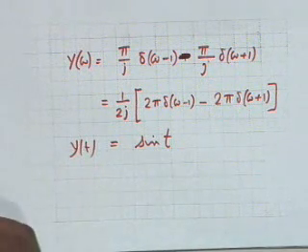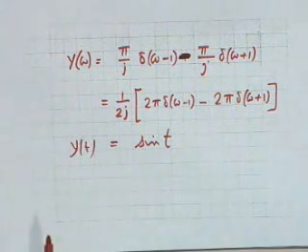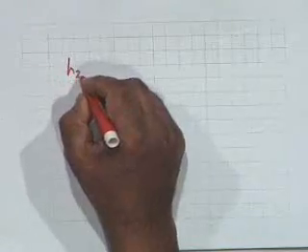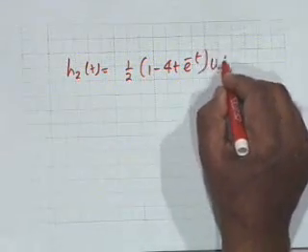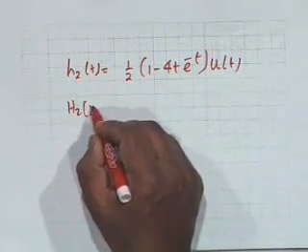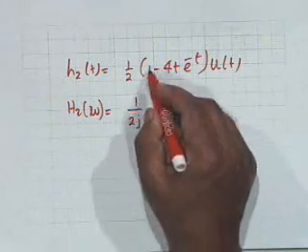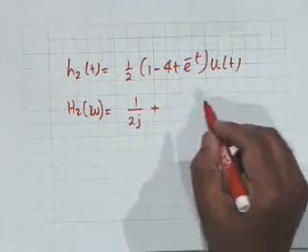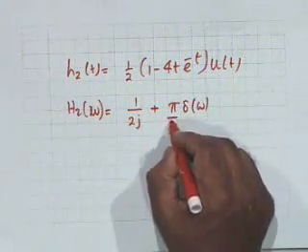The simplification, many of you were bogged down in the simplification. In a similar manner, the other function, that is h2 of t, is equal to half 1 minus 4t e to the minus t u of t, and therefore h2 of omega should be 1 over 2j omega for the factor 1 plus, yes, pi delta omega divided by 2.